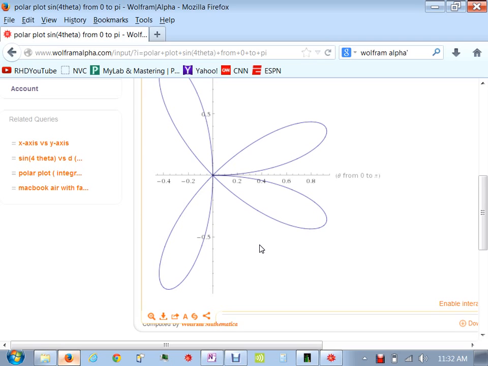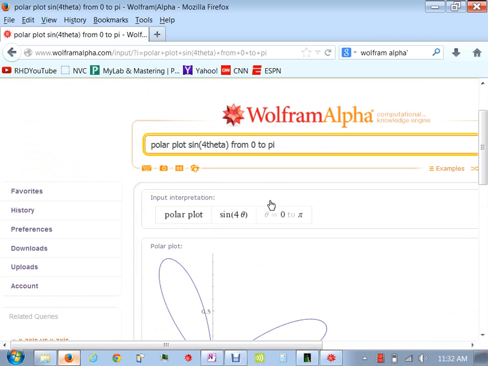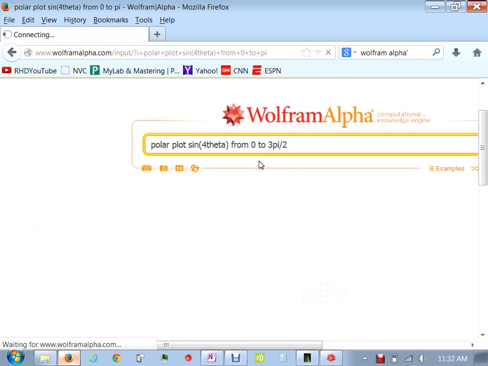And now if I keep going, right? You can almost look at it as a point moving around, but it's not doing one quadrant at a time. It's jumping around. And now if I went out to 3 pi over 2, let's see where the next one would be.